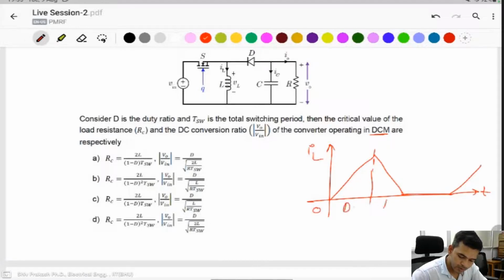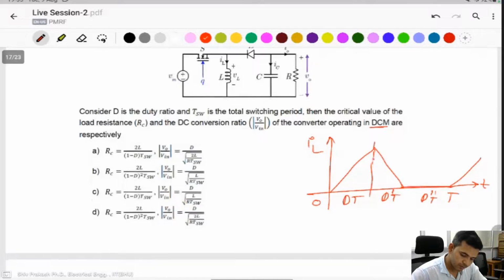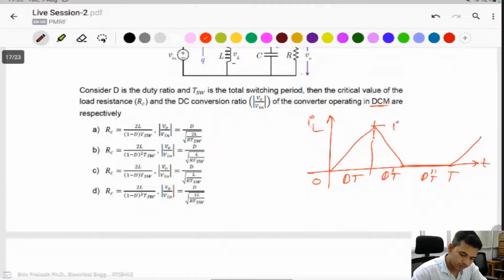This one is D, this one is D double dash, take D double dash for the boost converter. IL max.